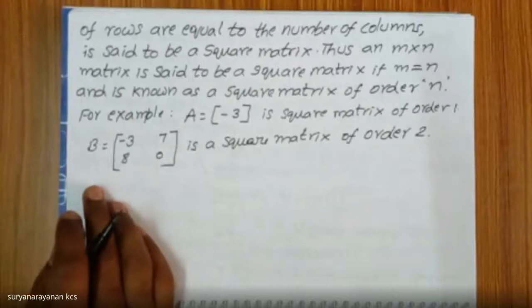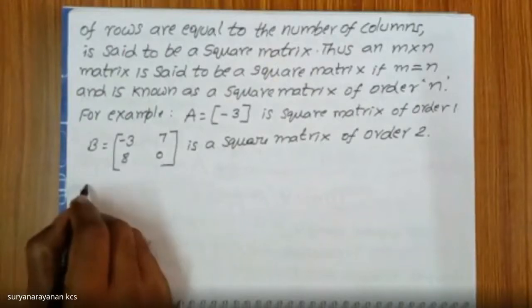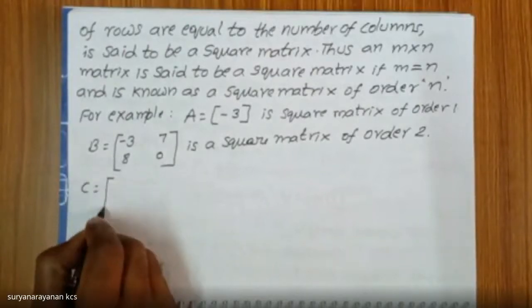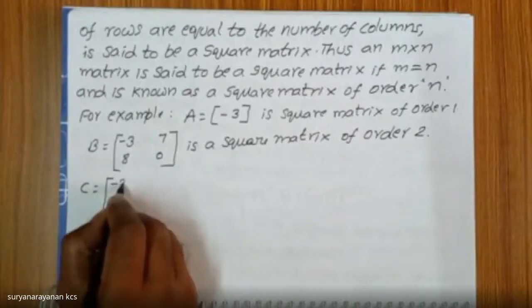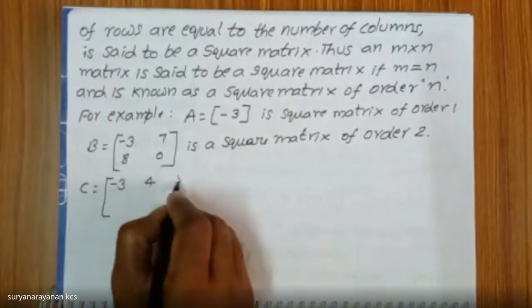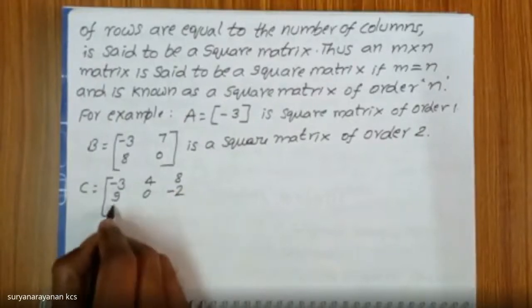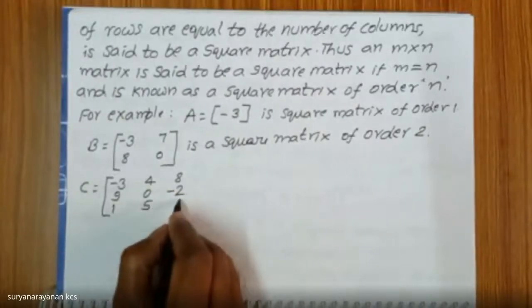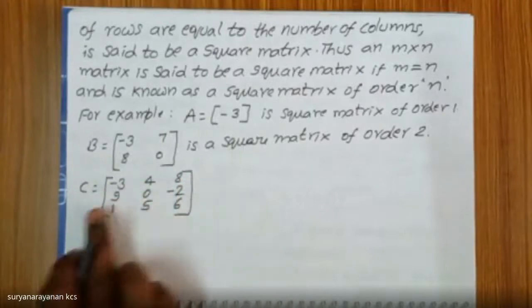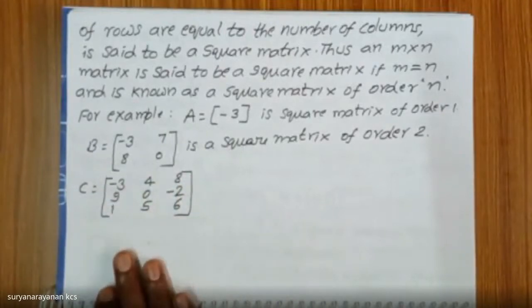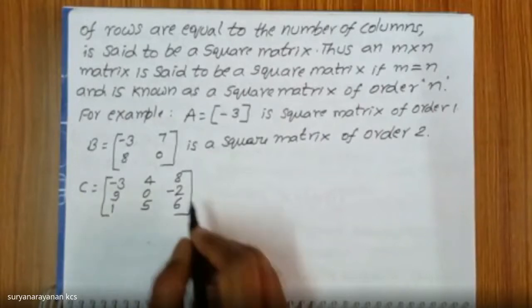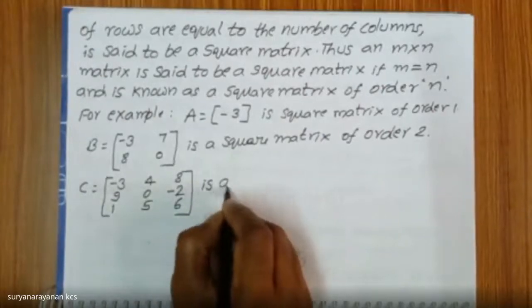Okay, my dear children. I will take another example. C is equal to this matrix. How many rows and how many columns are there? 3 rows and 3 columns, sir.